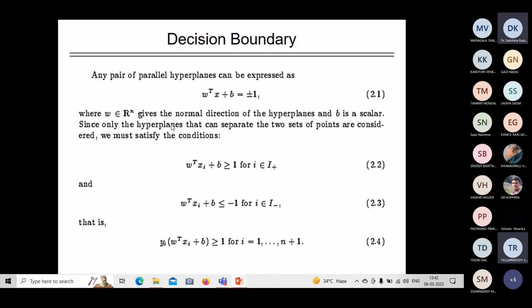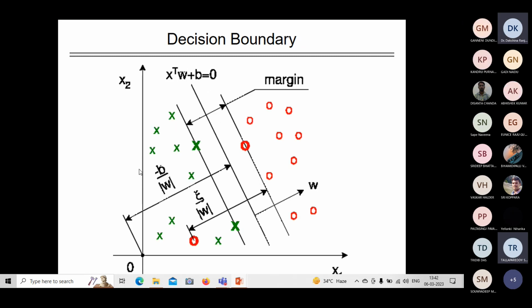If we consider that these green points belong to the positive class and these red points belong to the negative class, then for the positive class, the support vectors will be found on the class boundary for class C1 of green points.